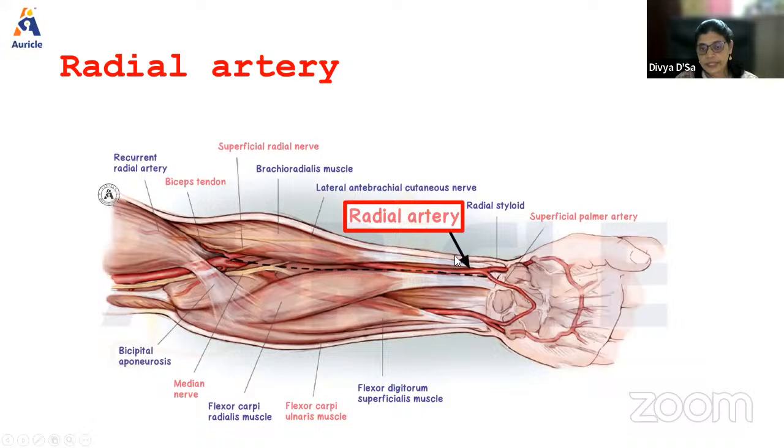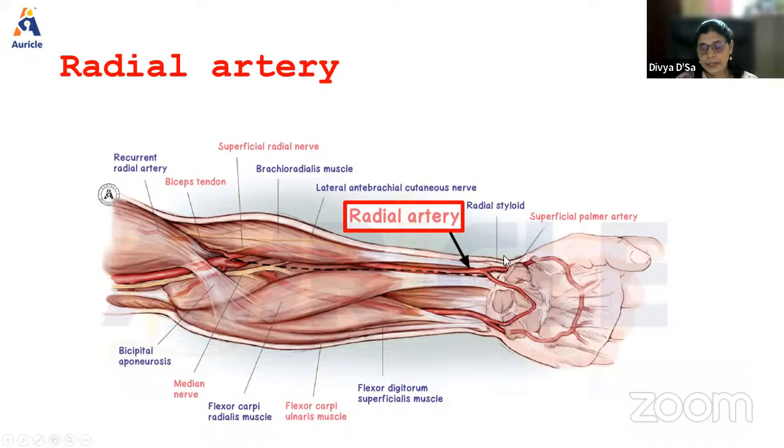It lies against the radius. Near the styloid process of the radius, it gives the superficial palmar branch.